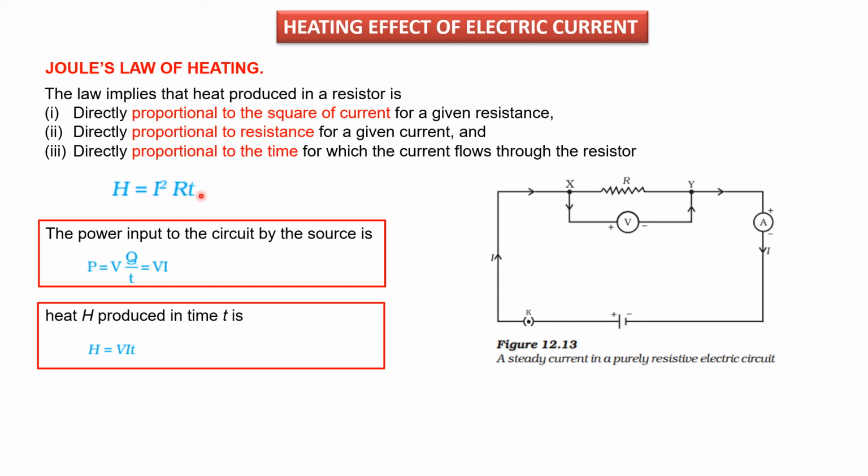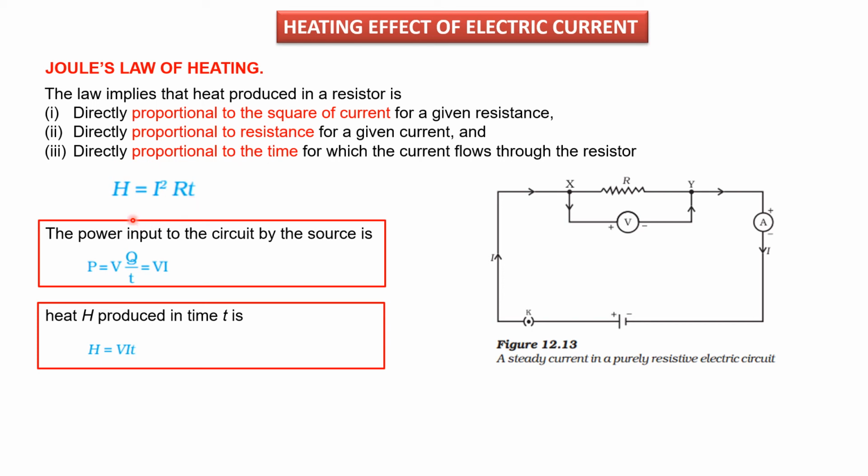T is time. So Joule's law says that the heat produced in a resistor is directly proportional to the square of the current, directly proportional to the resistance, and directly proportional to the time.